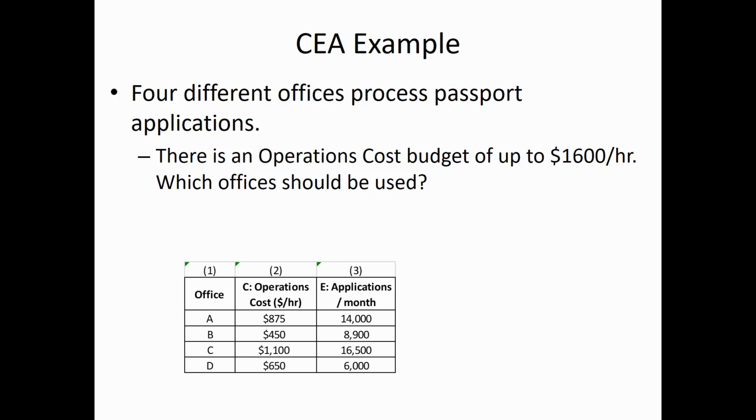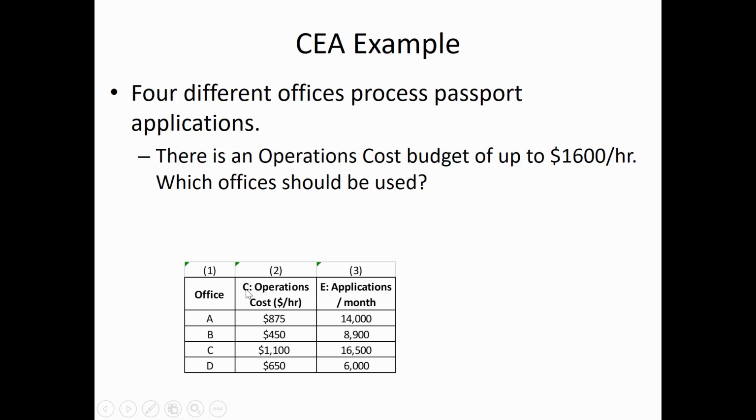One of these offices may have a lot of mistakes, and some of them maybe are doing it more correctly. If we thought about it a little bit further, we could probably tweak this measure of effectiveness to say number of successful applications, or number of applications minus errors or something like that. But just for sake of illustration, we'll keep it simple.